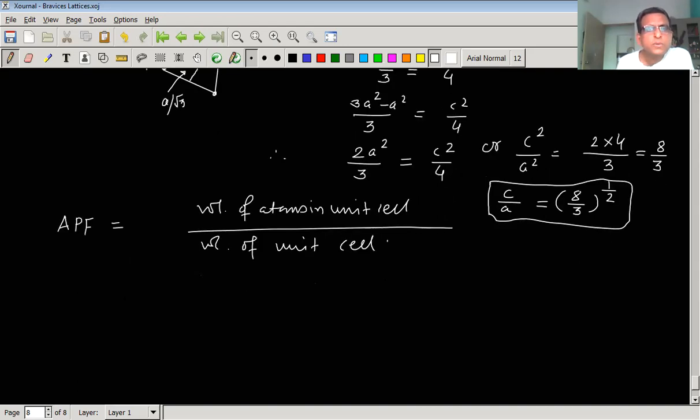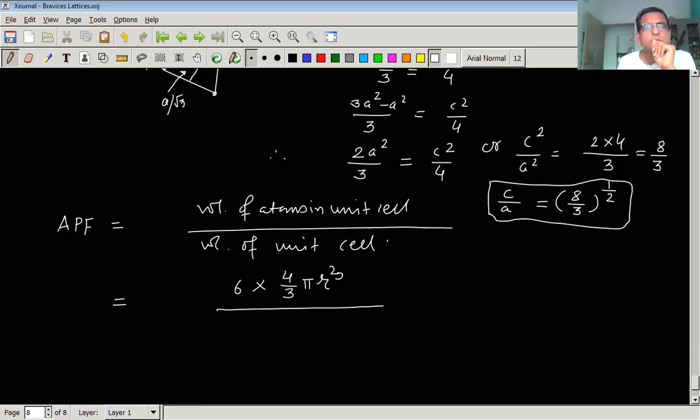So volume of atoms in the unit cell, we know that there are 6 atoms in the unit cell. Assuming atoms to be spherical, we can write 6 into 4 by 3 pi r cube, where r is the radius of the atoms, isn't it? So 6 into 4 by 3 pi r cube, divided by volume of the unit cell.